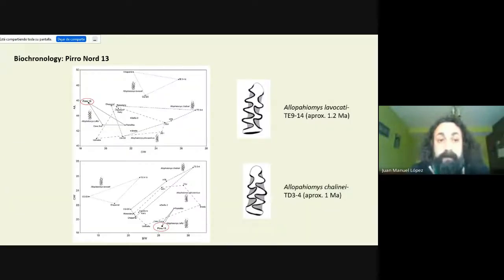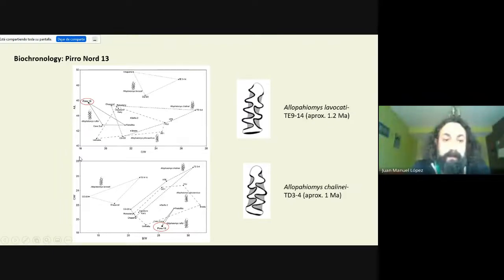This species is Alphaiomis. We compare this Alphaiomis from Pirro North with other Alphaiomis from Italy and other ancient species from other sites in Europe, also with the ancient Alphaiomis from the lower layers of Cima Elefante and Grandolina.